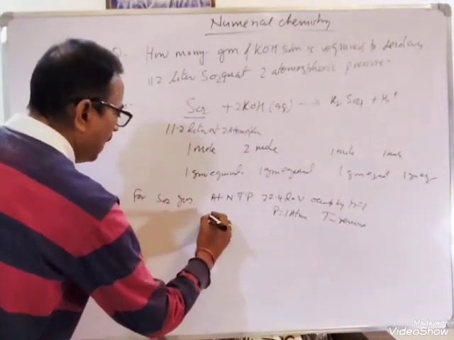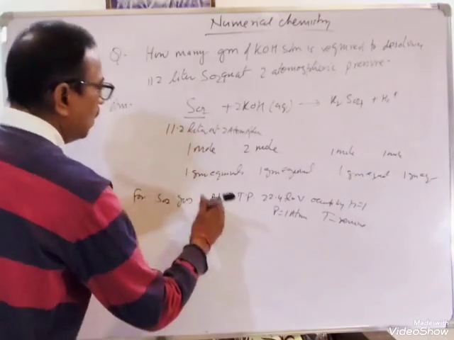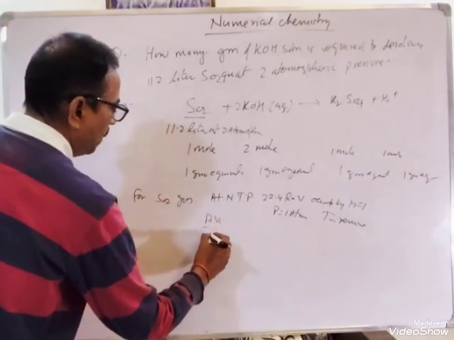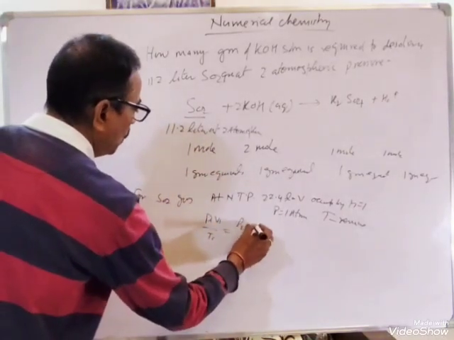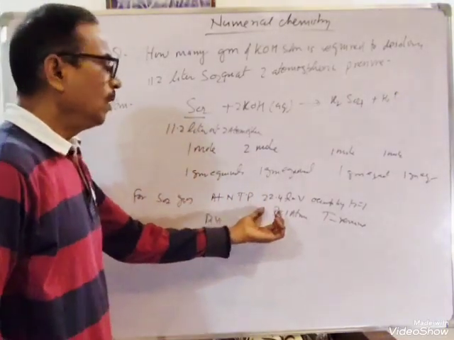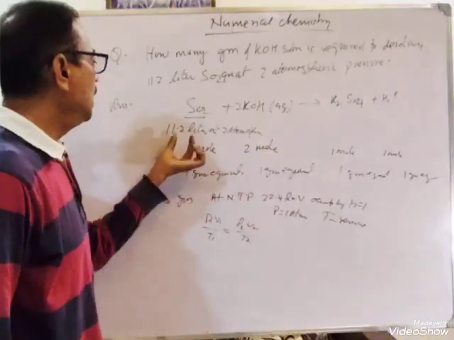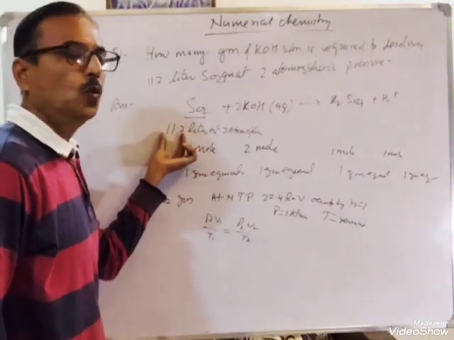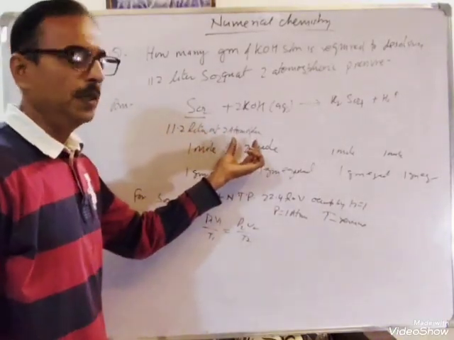So we apply P1V1 divided by T1 equal to P2V2 divided by T2, because the first condition is NTP and the second condition is 11.2 liter at 2 atmosphere.